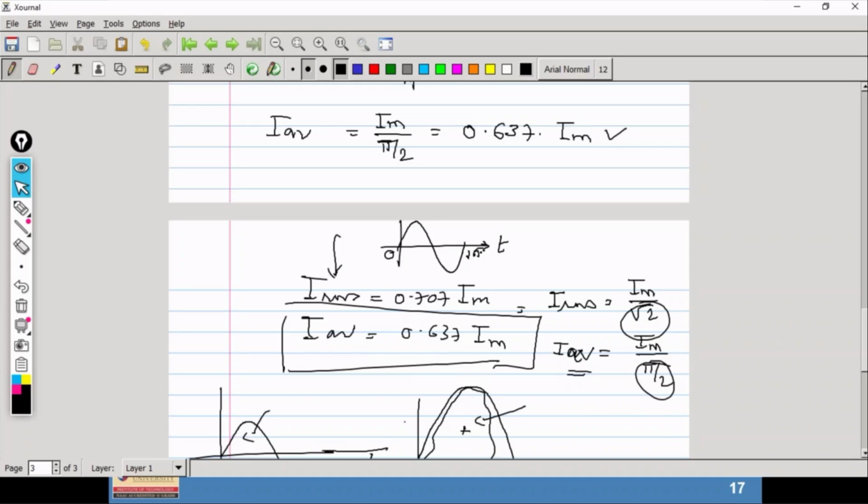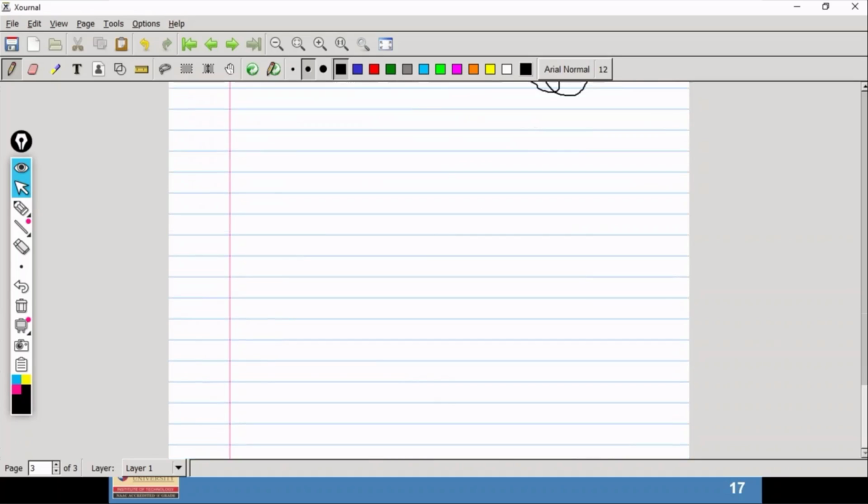Now we are going to derive an expression considering half wave. Let us consider a half wave, and we want to find the RMS value of the half wave rectified alternating current. So for the alternating current, half wave rectified, we can derive the RMS value.